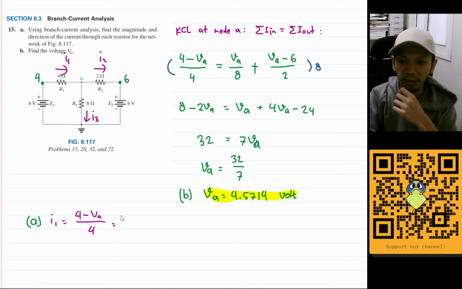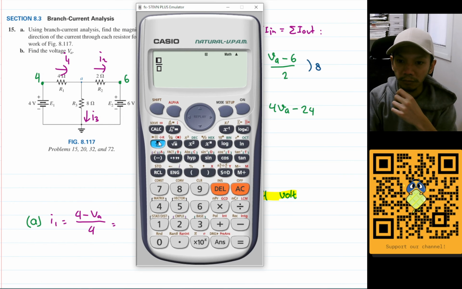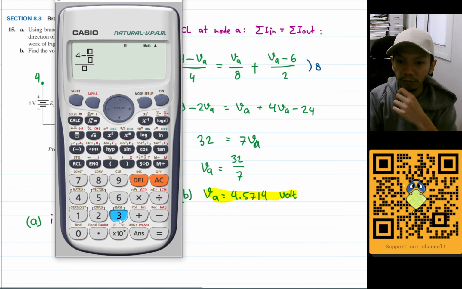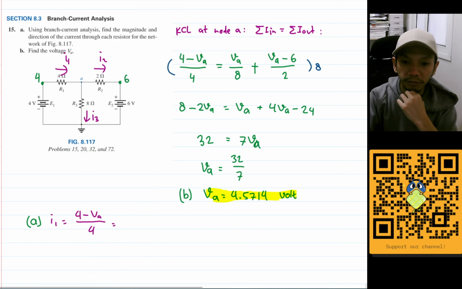Let's use the calculator. 4 minus VA, VA is 32/7, divided by 4. I will have minus 0.1428, and the unit will be ampere.